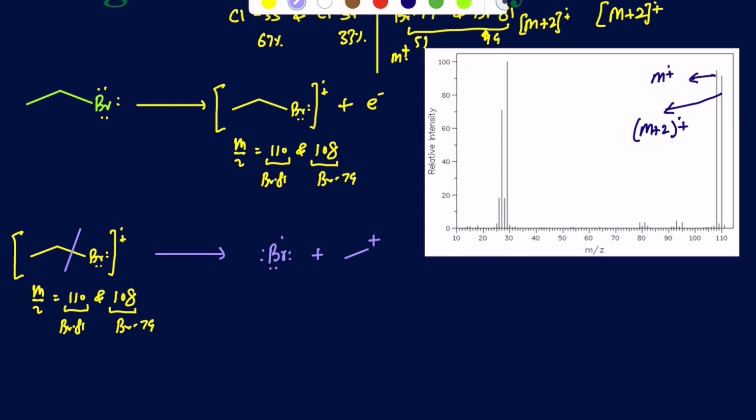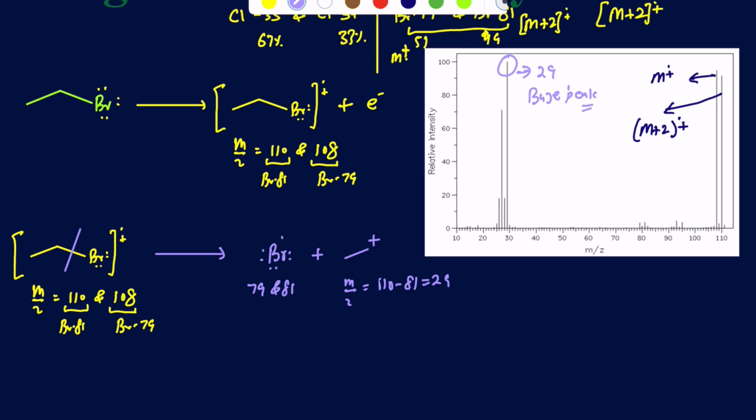The bromine is either 79 or 81, and the M over Z for this cation, if I go for 81, would be 110 minus 81, which gives you 29. I go back and check, and we do have a peak at 29, and that happens to be the base peak because it's 100%. So that's really the most common fragmentation you would see in the case of an alkyl halide.